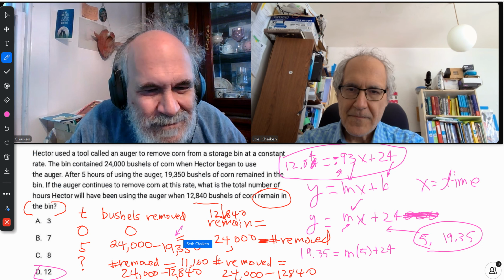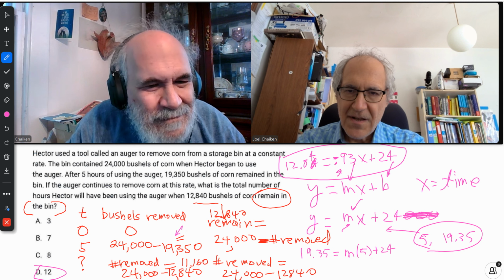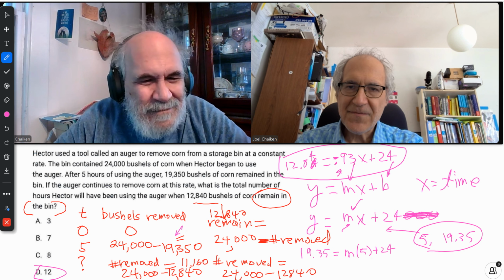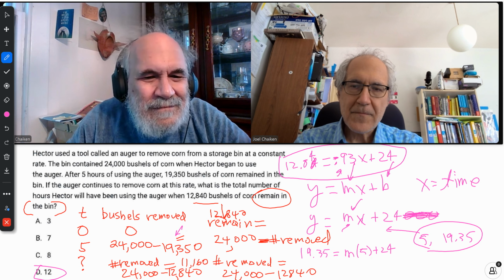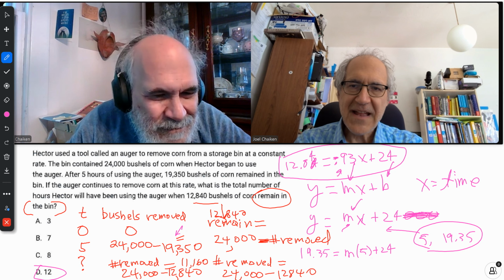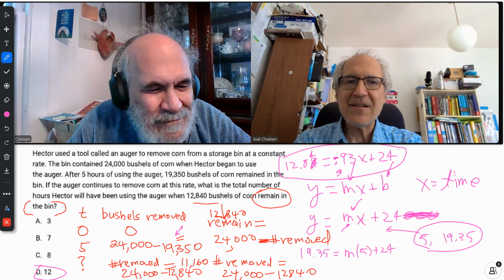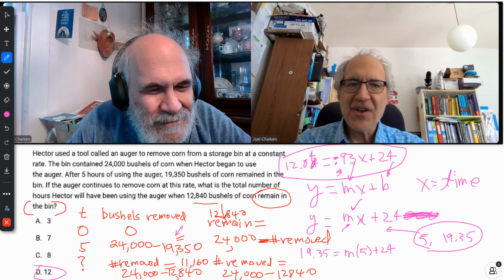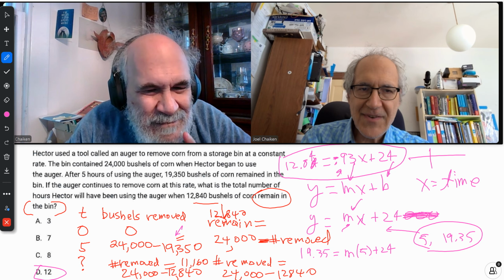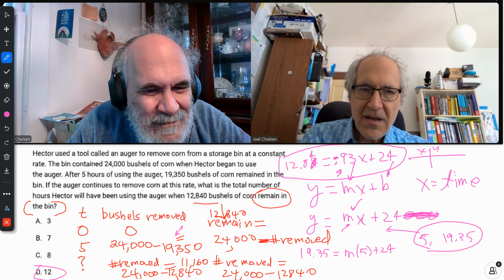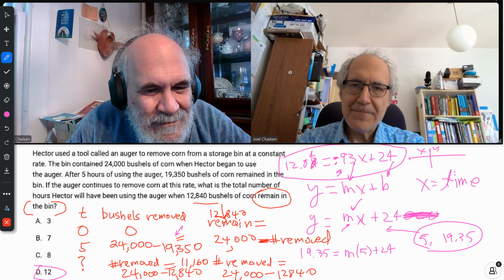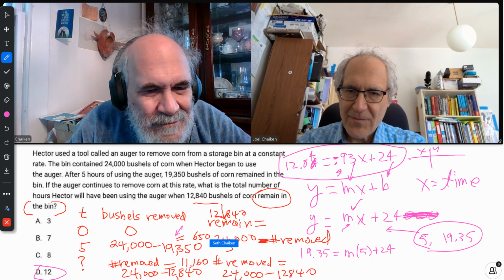So that's doing a lot of writing. You can also use Desmos to figure out what the equation is. We did that yesterday. If you want to see how to use Desmos to write a linear equation given the table x, y, go to yesterday's video. So we don't have to redo it today.